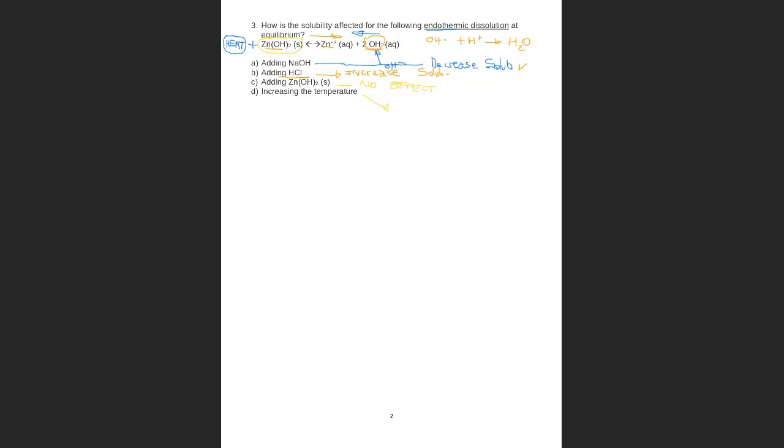Adding heat is like adding a reactant, and the equilibrium shifts to the right. If the equilibrium shifts to the right, it means increased solubility. Any questions with that problem?